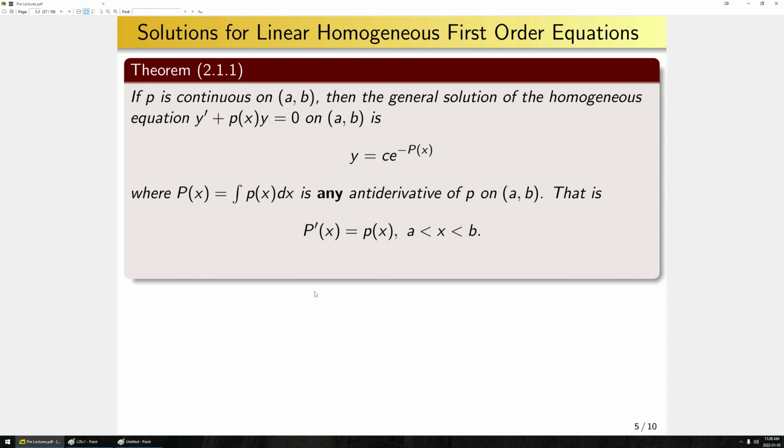Okay, so one thing I want to note here, I don't want you to actually just memorize this expression. You could memorize that if I have a differential equation of this form, if I want to find the solution, I simply take it to be c e to the integral of p of x dx.